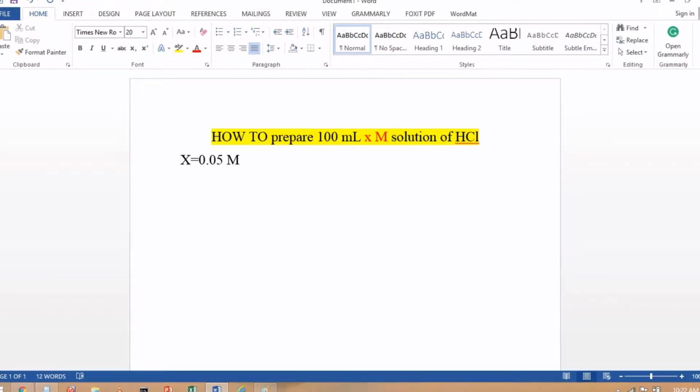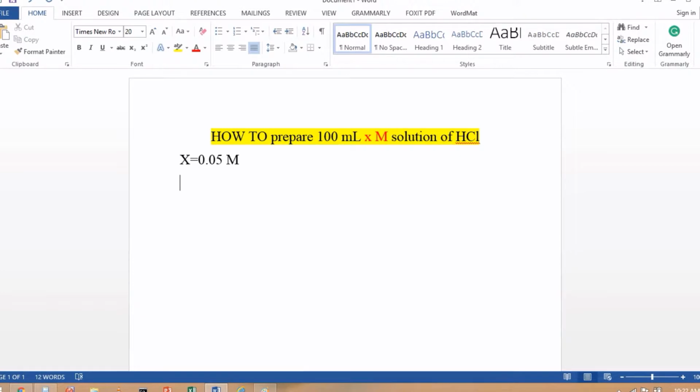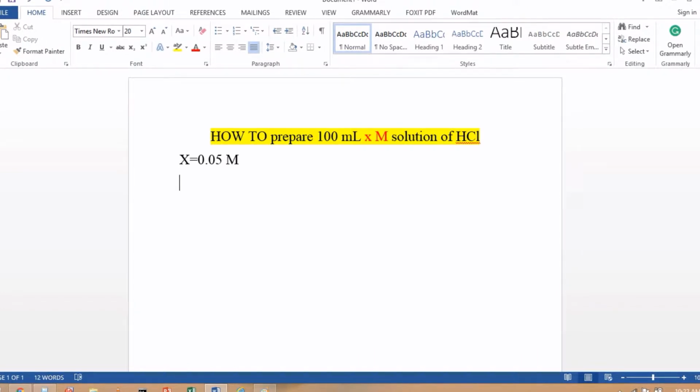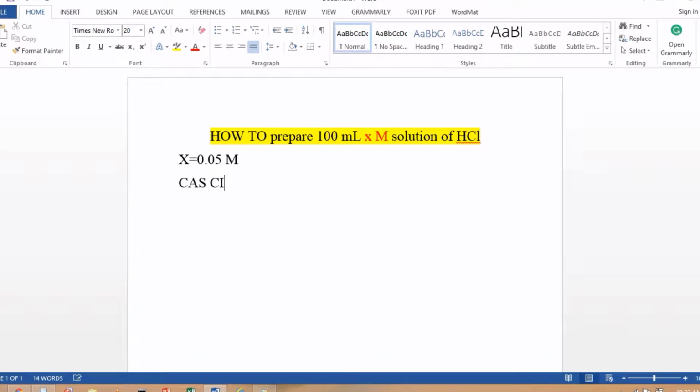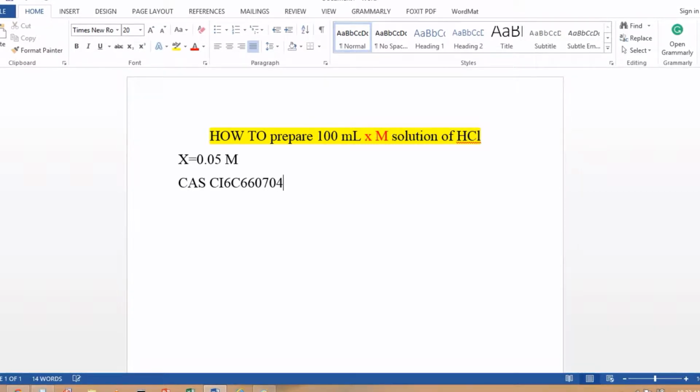So you can see, in the bottle of the HCl acid, you will find that the molecular mass is given, and I have used the HCl. The CAS number is 7647-01-0.